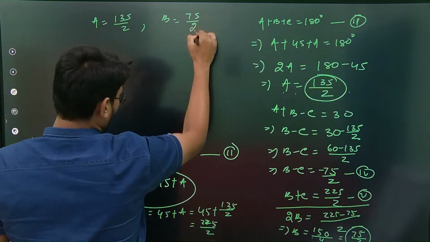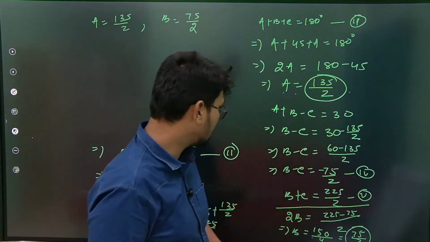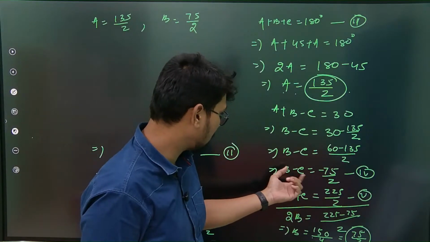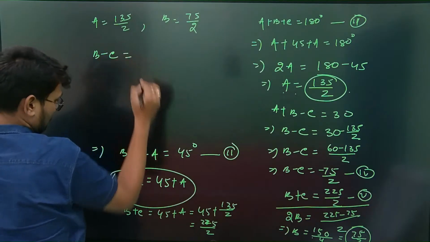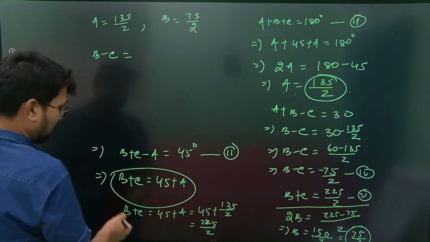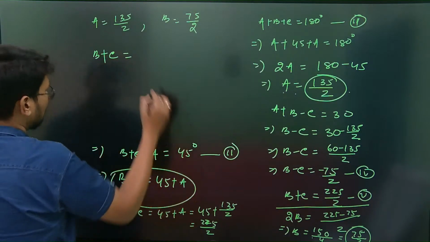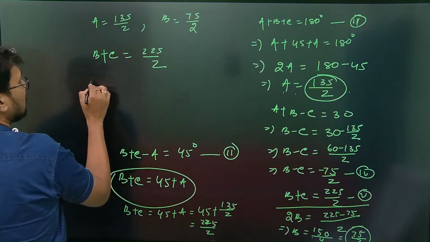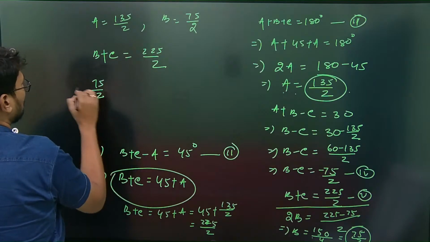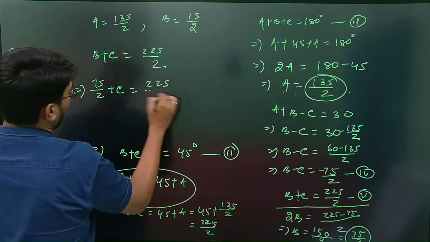75 by 2. But you know, B plus C you can also take. B plus C is how much? 225 by 2. Now replace B: 75 by 2 plus C equals 225 by 2.